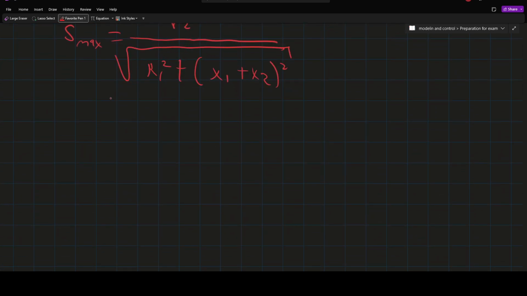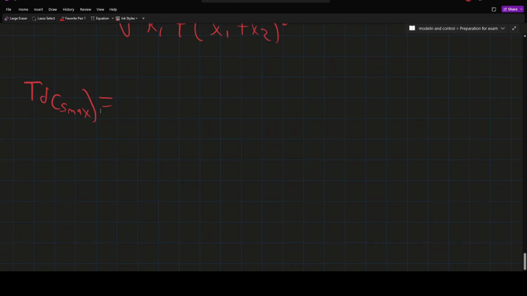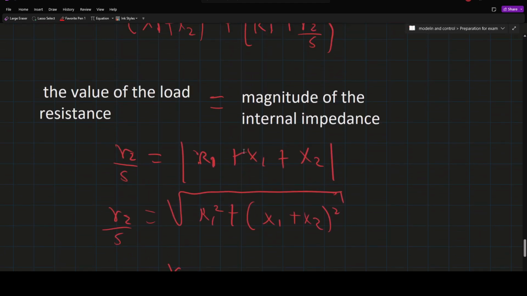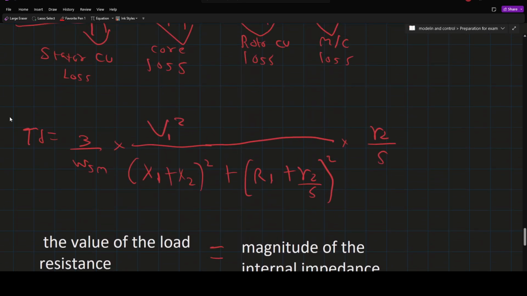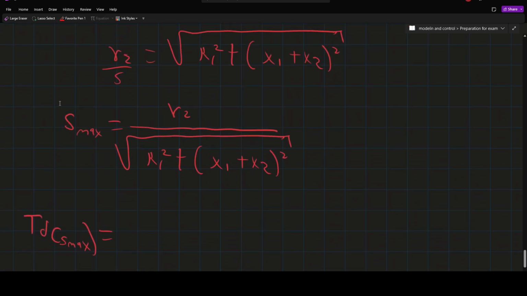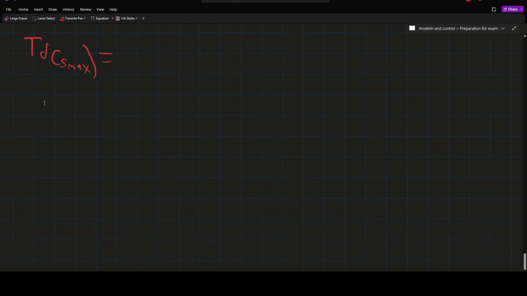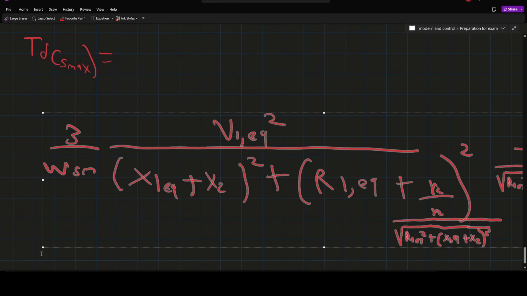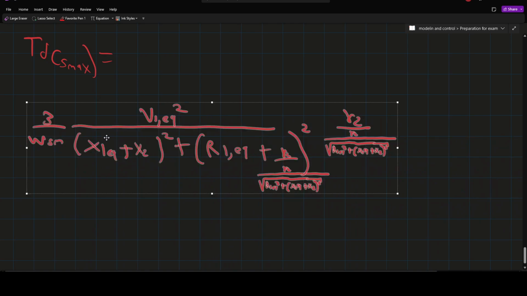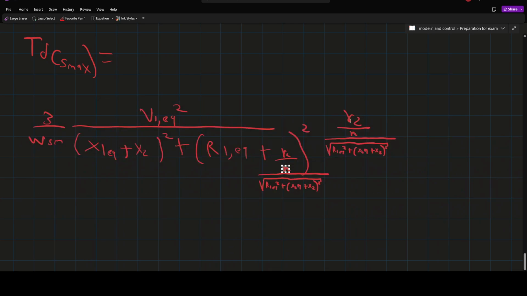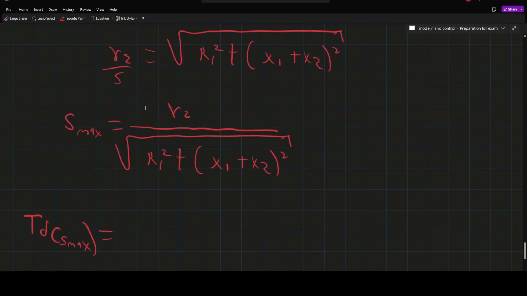And now we can figure out the formula to get the maximum torque. To do this, we are gonna need to take our equation for torque, and wherever we see S, we now put this value, the S max, the value we figured out.